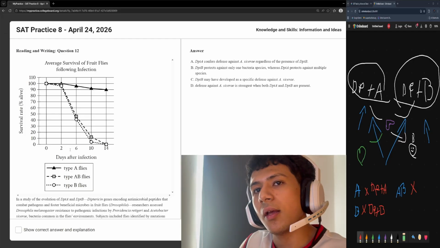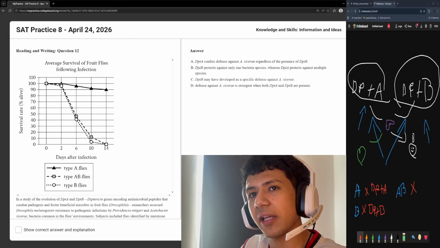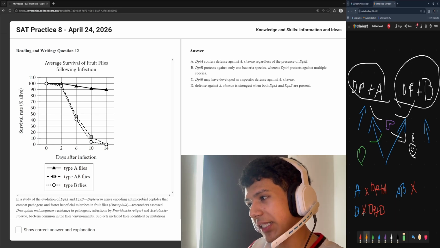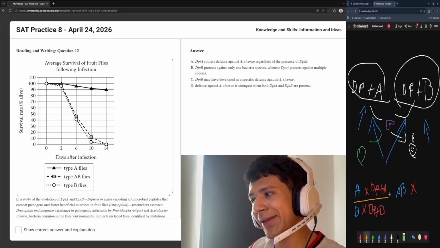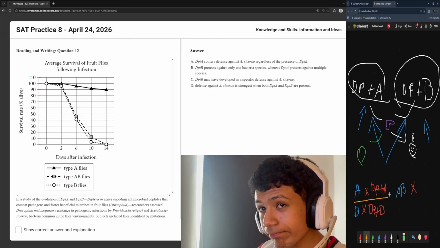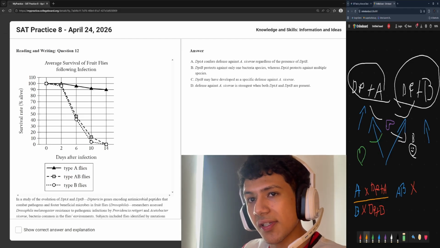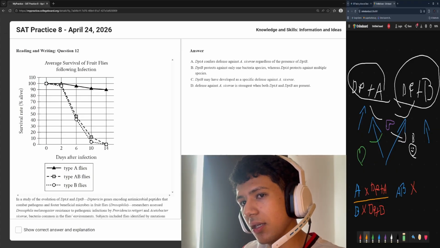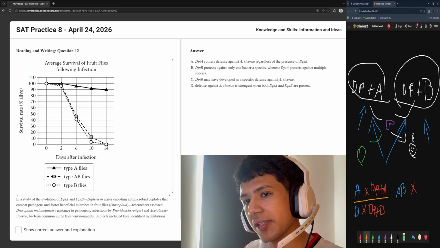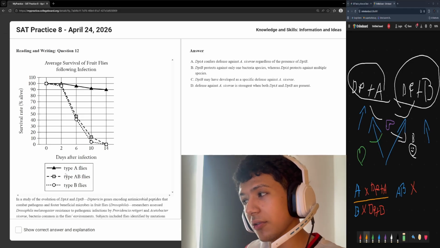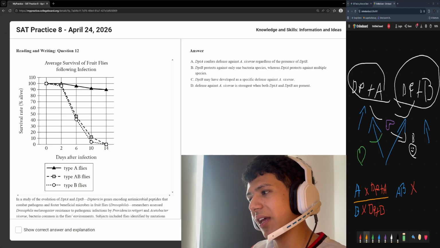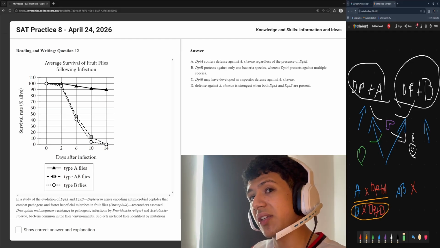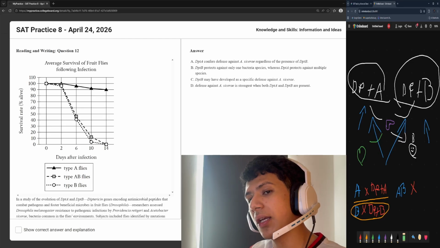So let's see. So we have type A flies. Type A flies, remember, are being silenced their A gene. So those are the ones that survive. So if they don't have DPTA, right, because it's being silenced in the type A, which is the one with the triangle, that means they have DPTB, which means DPTB helps them survive.